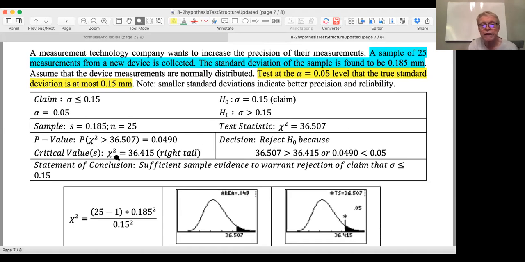And for the critical value, it is a right-tailed test again. So the critical value is on the right, and we would plot the critical value in a picture.